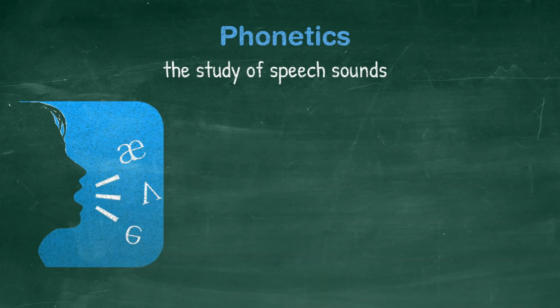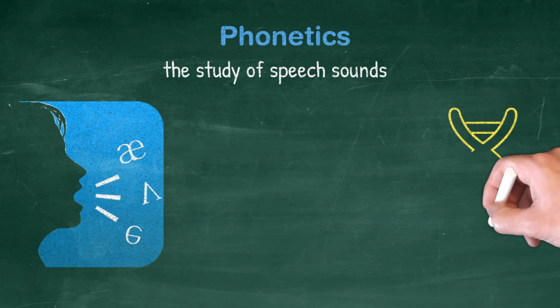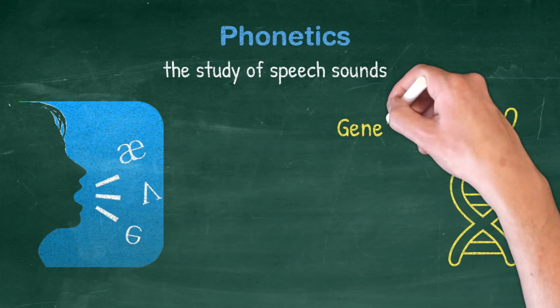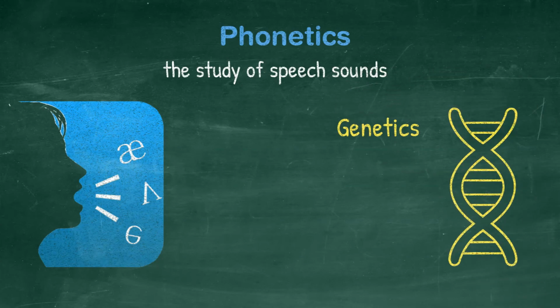Now, if you humor me for a second, here's a little comparison I like to make to end our definitions. So let's compare phonetics with genetics. Genetics is the study of heredity, of genes. It's the overall study of everything genetic. Phonetics is the study of speech sounds. It's the overall study of phonemics.